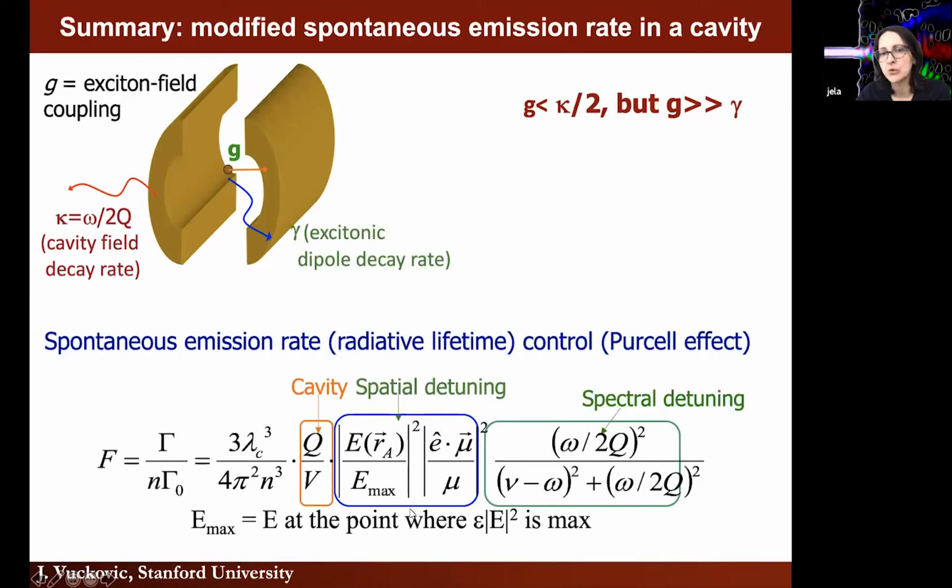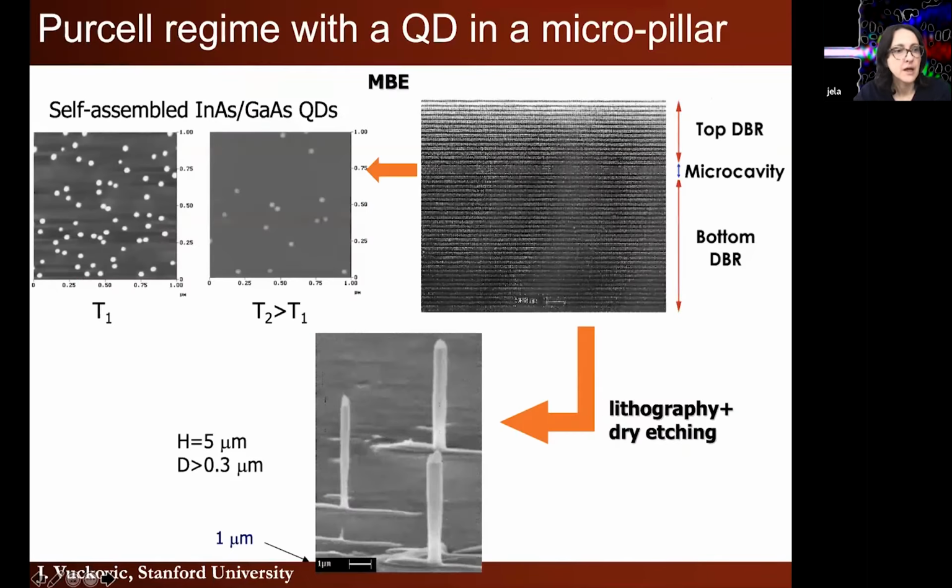But of course, that's only for an emitter that's on resonance spectrally and spatially with the cavity. Now we have a little more time left and we can go through various experimental examples to illustrate what we've been discussing. Any questions? If not, let's move on to experimental examples.